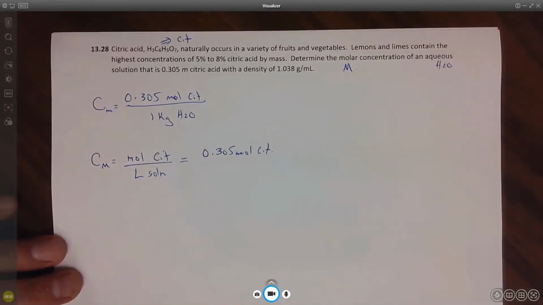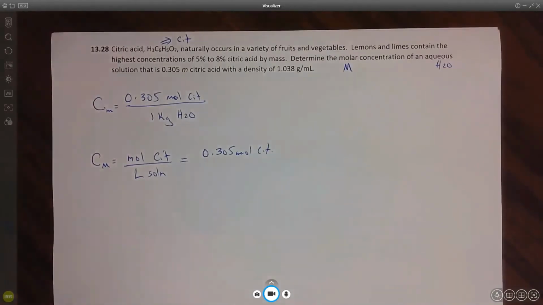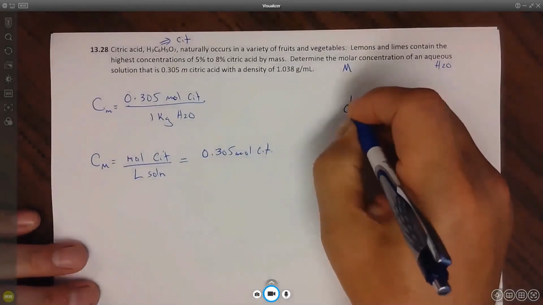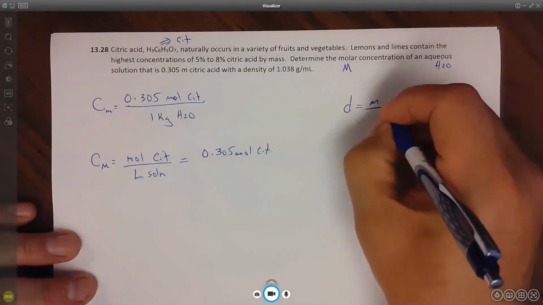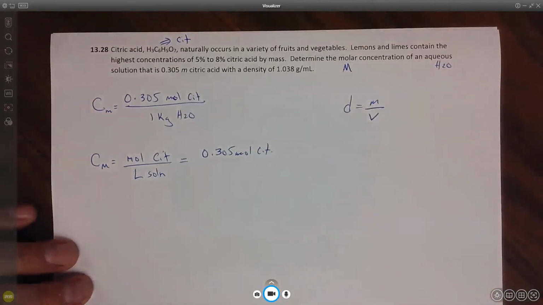Okay, Keenan. What about the liters of solution? Yeah, I was kind of thinking about that. I'm not really sure how to go about that. Yeah, Leah. Would you use the density to convert the 1 kilogram to grams, and then from grams to milliliters?